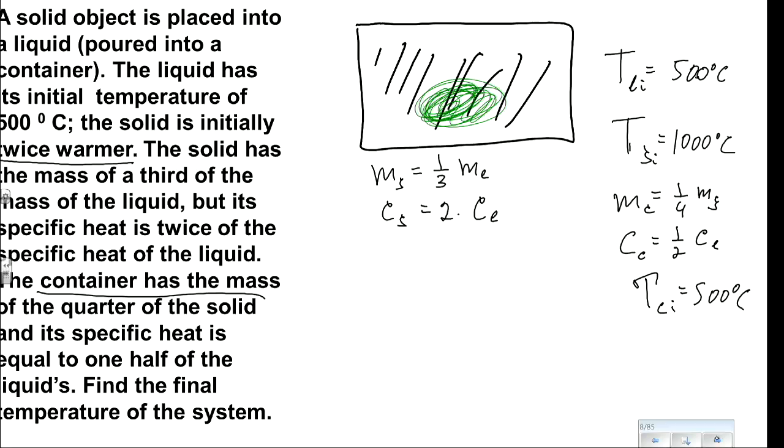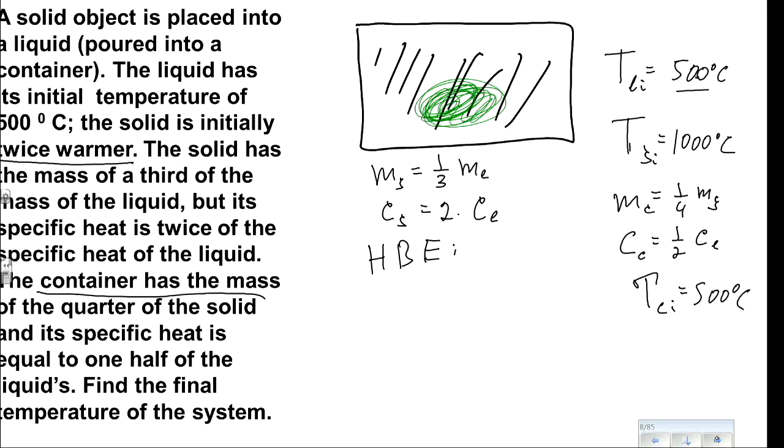If we make that assumption, that means we need to use the heat balance equation. What should be happening? We know a cold object should warm up, and a hot object should cool down.